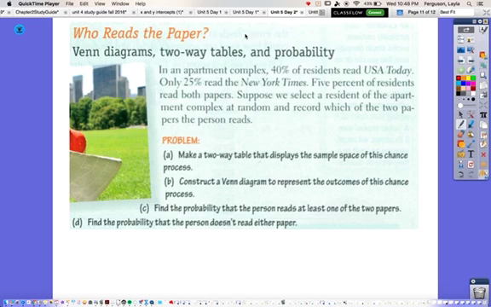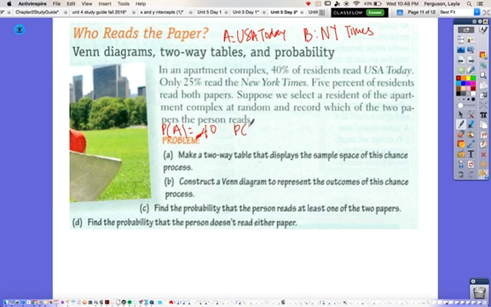So let's let A be those who read the USA Today. So this is USA Today. And let's let B be the New York Times. So what that means is the probability of A is those who read the USA Today, which is 40%, so 0.40.